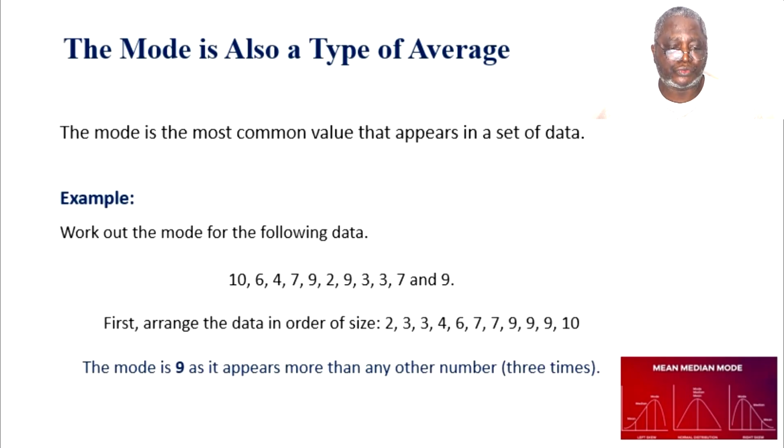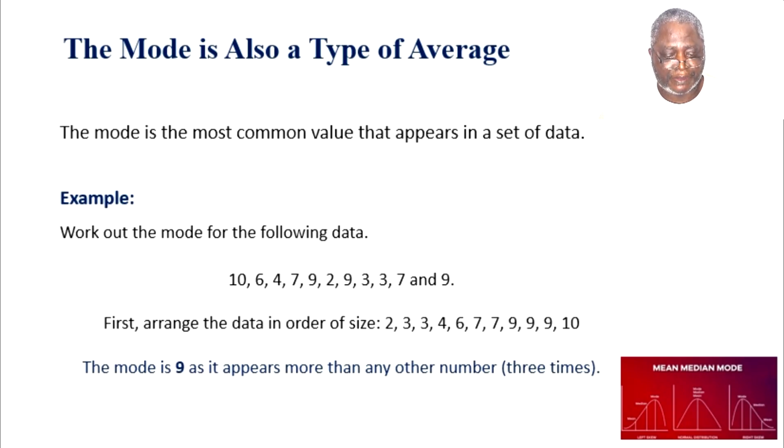Then we have the mode, which is another type of average. The mode is the most common value that appears in a set of data. For example, work out the mode for the following data: 10, 6, 4, 7, 9, 2, 9, 3, 3, 7, and 9.